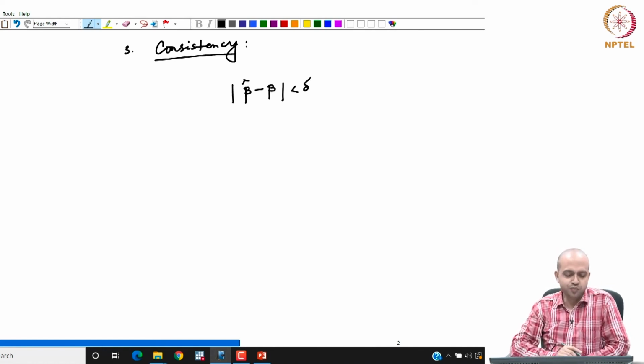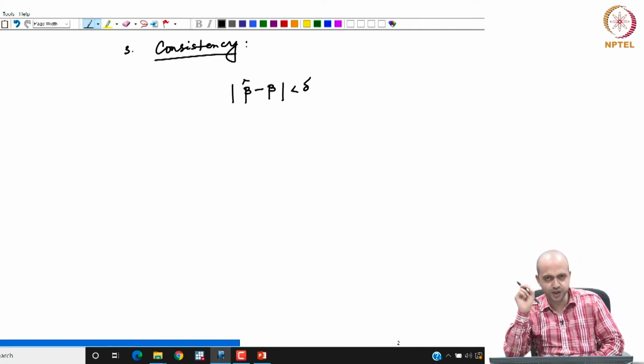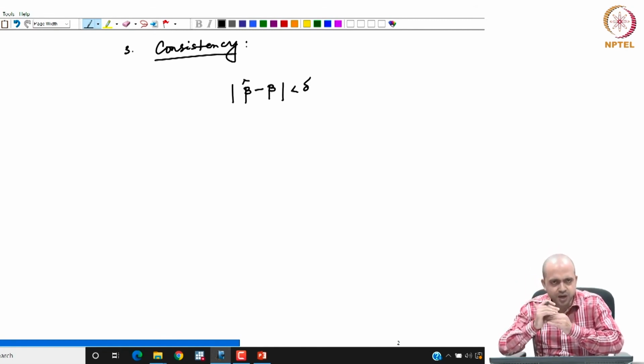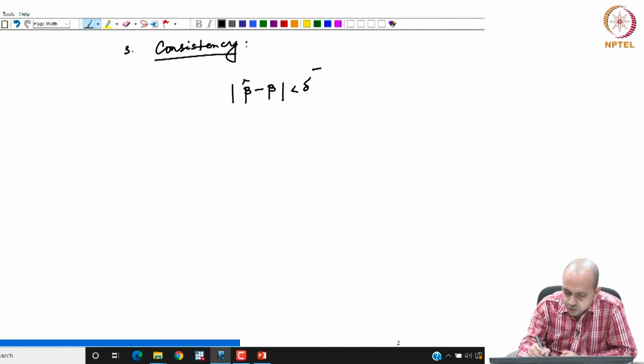Okay, it should be minimum. That means it should be less than delta, where delta is a very small quantity, smaller than whatever you can actually imagine. So that means beta hat is very close to the true population parameter beta. And what is the probability of getting such a beta hat?